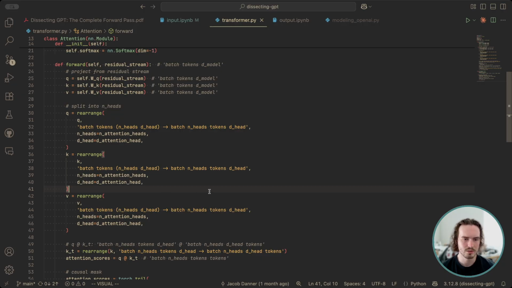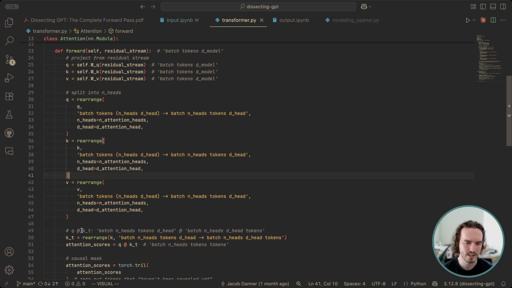And so now we have those things, but what do they actually do? We want to compute what they call the attention score. And so in order to have a valid matrix multiplication shape, we need to rearrange K. So ultimately, we want to have our queries multiplied by our keys that are transposed.